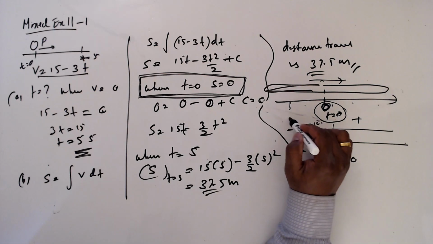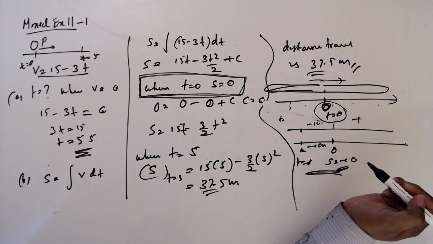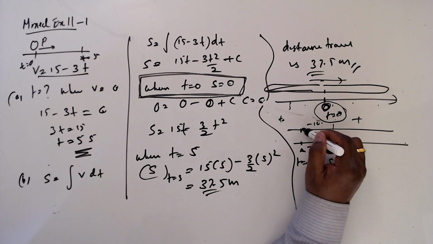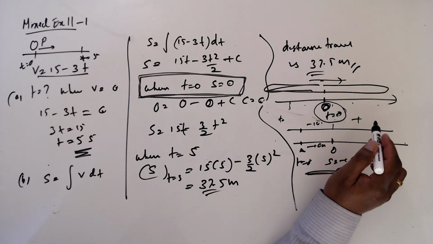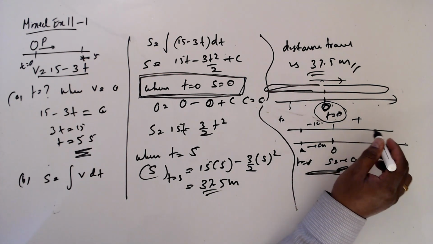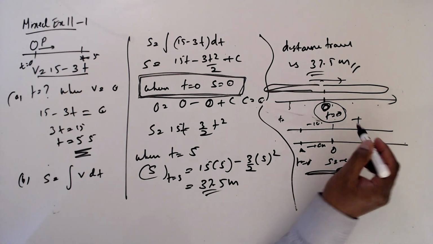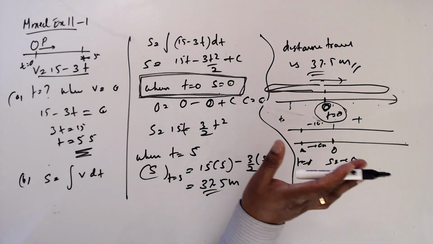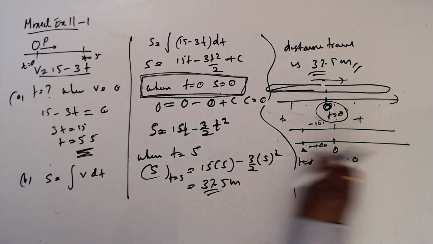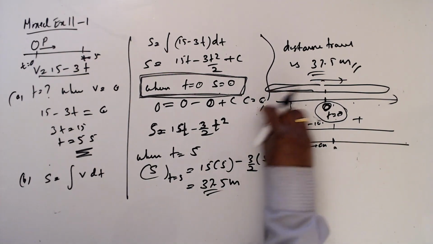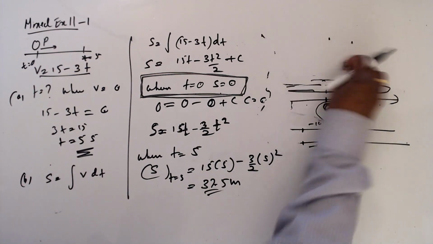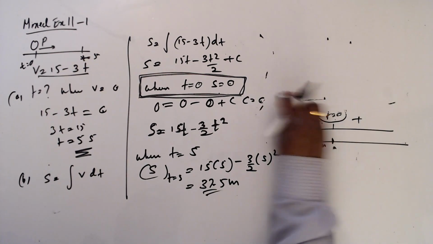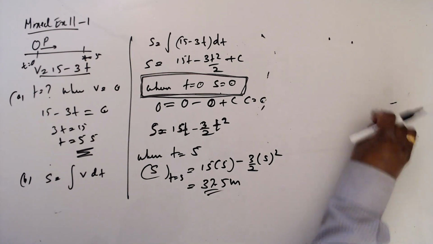Sometimes you may start from here, t equals 0, displacement minus 10. Then I can't assume that when t equals 0, s equals 0. We don't know that. The best option is we can work like this.